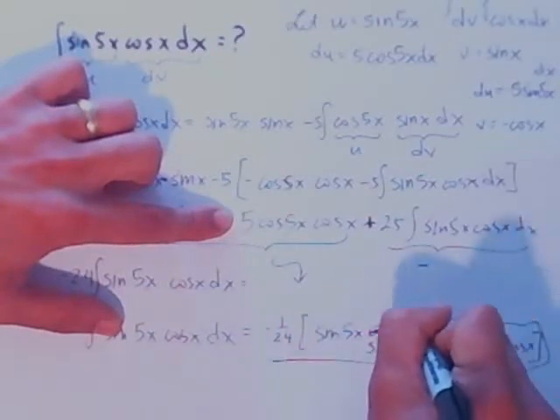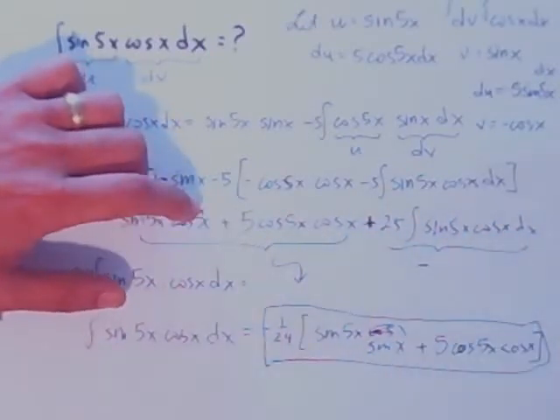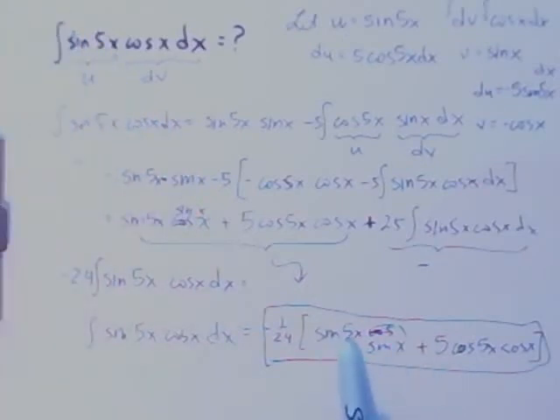It's a really complicated answer. There's nothing you can do about this. You have the sine of 5x, sine of x, cosine, but you have this 5 coefficient, so we actually cannot put it together. But that's the answer. It's negative 1/24 times the sine of 5x, sine of x, plus 5 cosine of 5x times cosine of x. Oh, almost forgot, plus C, plus constant, of course.